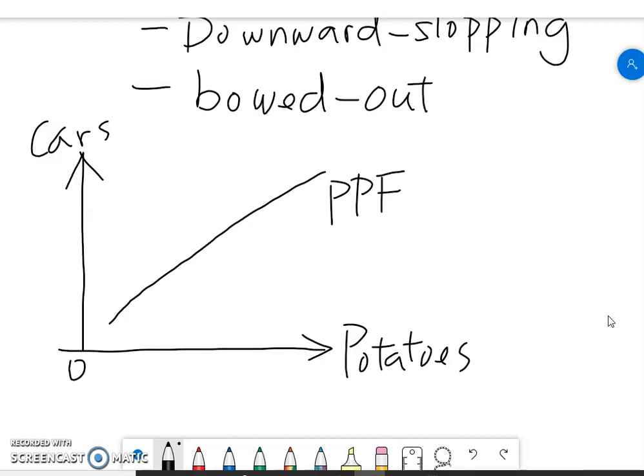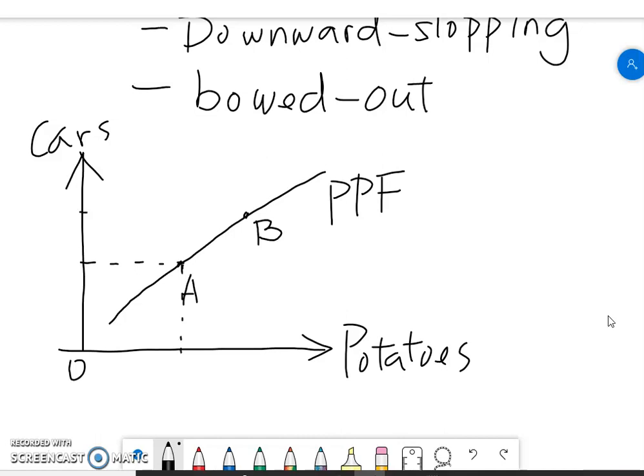Now, it's pretty easy to show the contradiction with the upward PPF. Here, we can find two points along this upward curve. This is point A. This is point B. Again, you can arbitrarily pick two points. At point A, we find that these many cars and these many potatoes are produced.